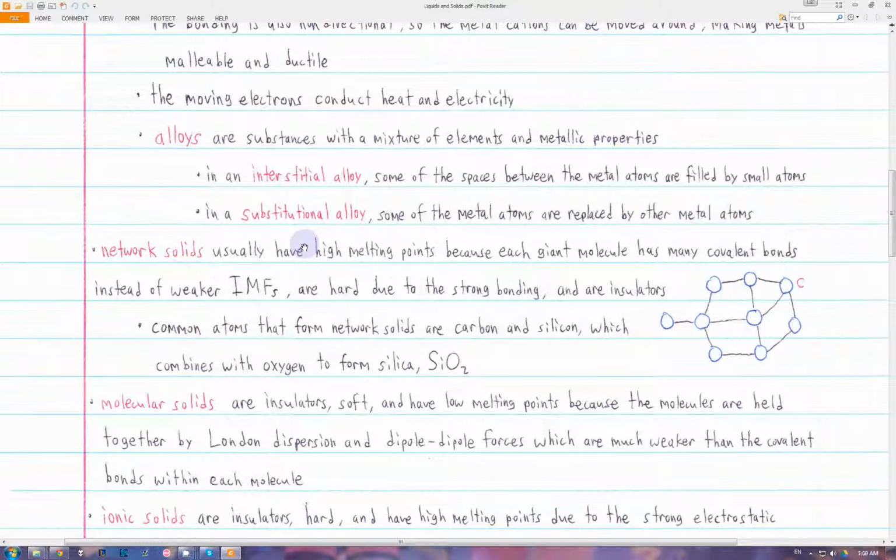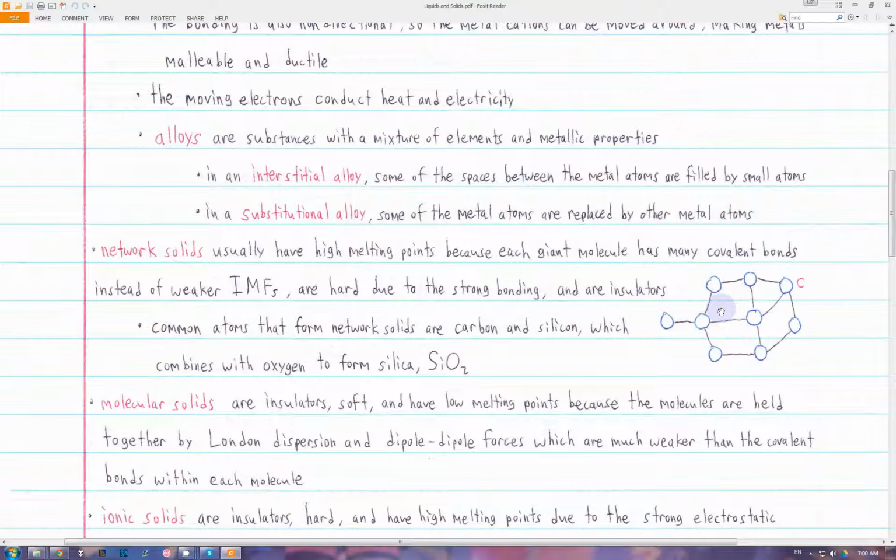So network solids usually have very high melting points because in order to melt this, you have to break the covalent bonds instead of intermolecular forces. And network solids are also usually insulators because they don't have the free valence electrons that metals do.